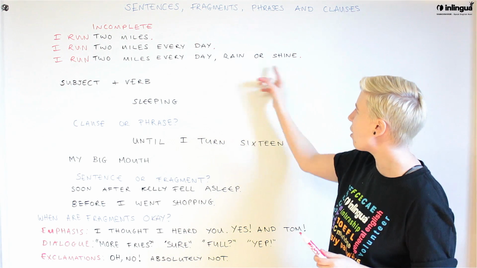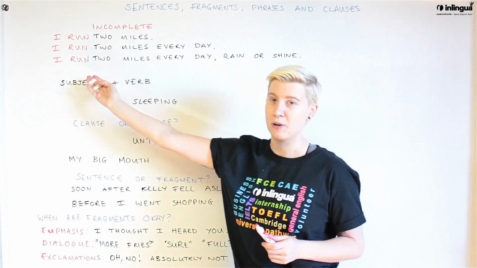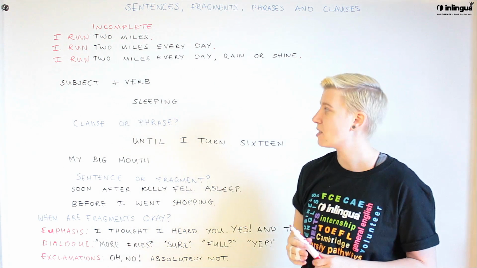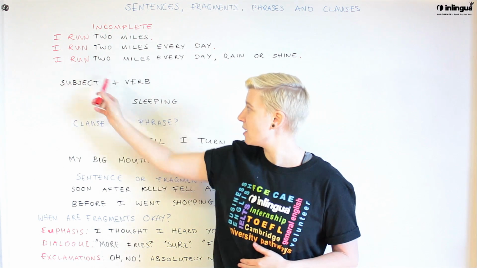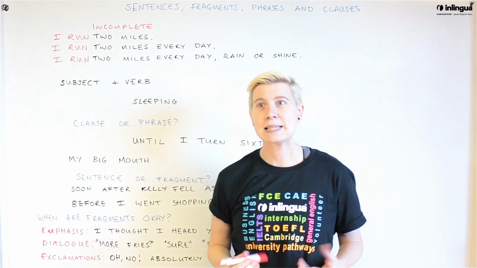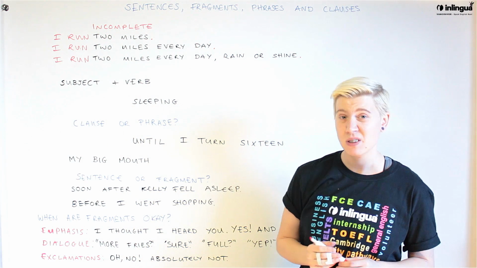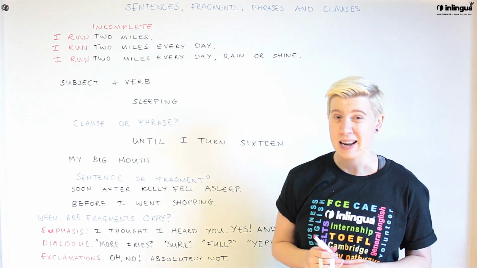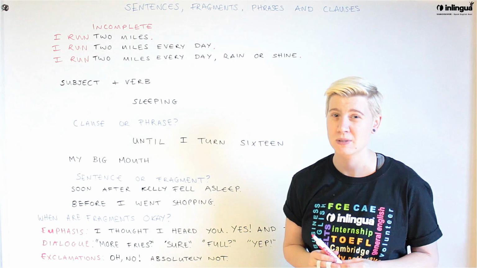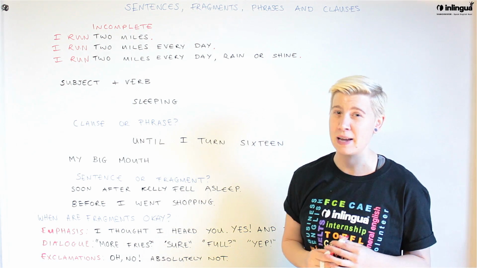No, this is not a complete sentence, but we can take it away and leave a complete sentence. The key is that we have to have our subject and our verb to make the complete sentence. That is not the only key. Sometimes we can have a subject and a verb and have what's called a clause, an incomplete part of a sentence. I'm going to talk about that in a moment.